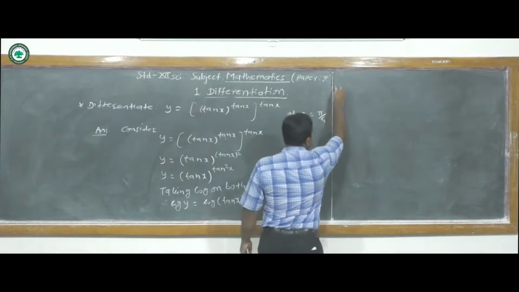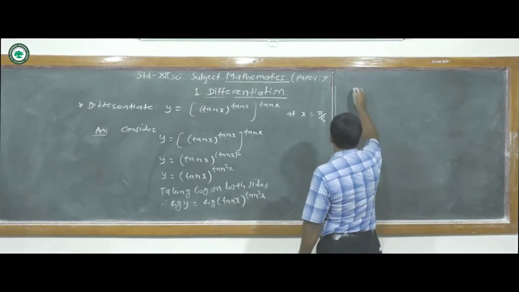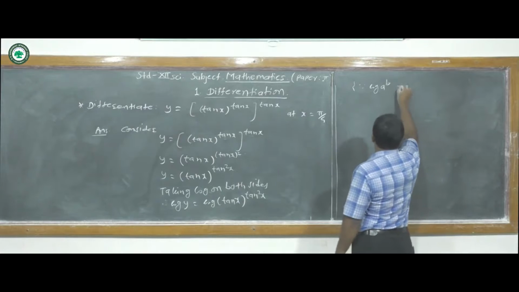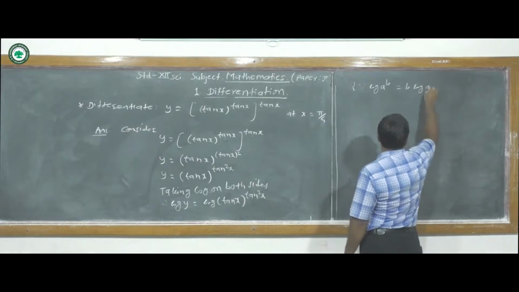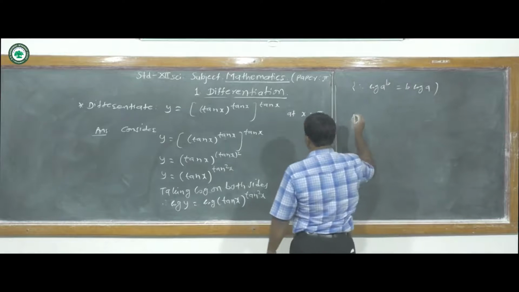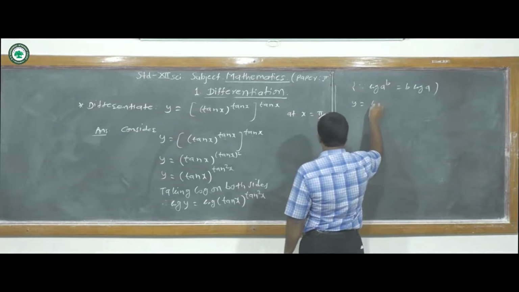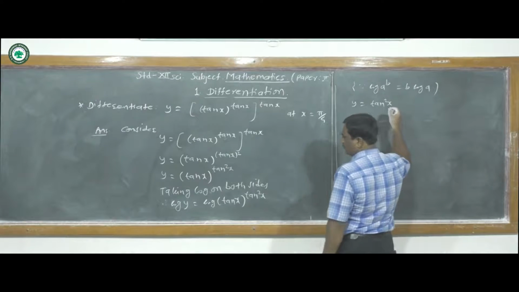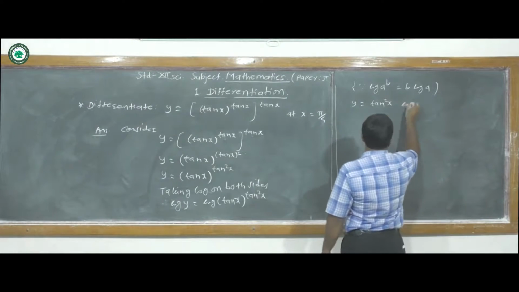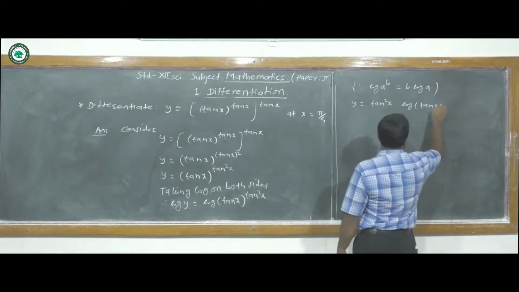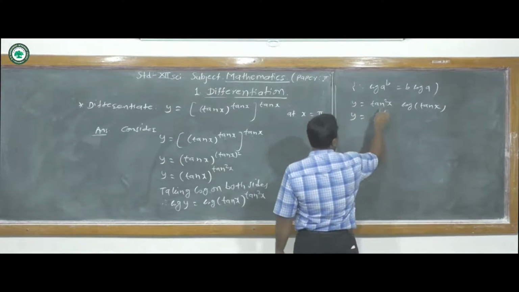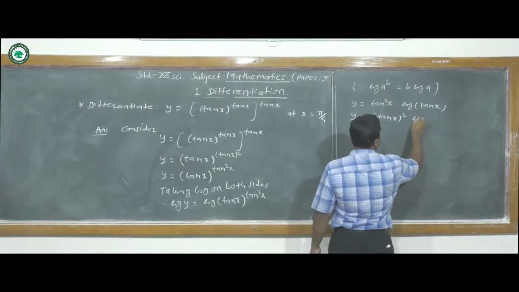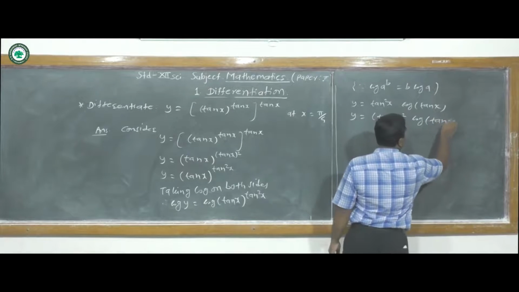Okay, now we use the formula log a raised to b equals b into log a, therefore we can write log y is equal to tan square x into log of tan x, that is tan square x can be written in the form (tan x) square into log of tan x.